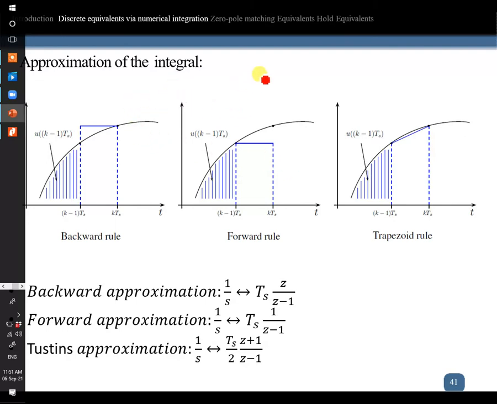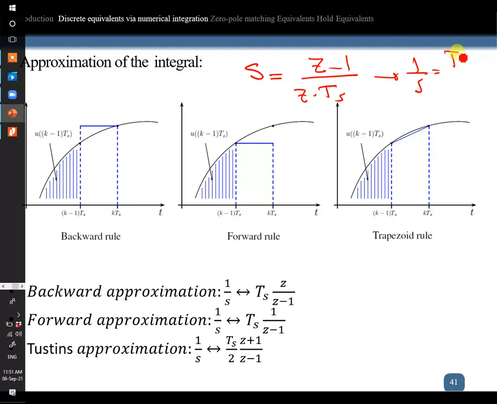Now you saw s equal to what? You substitute s by (z - 1) / (Ts z). And the integration of this, 1 upon s, normally will be what?